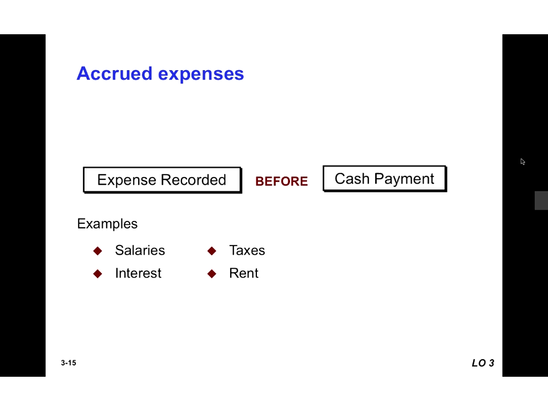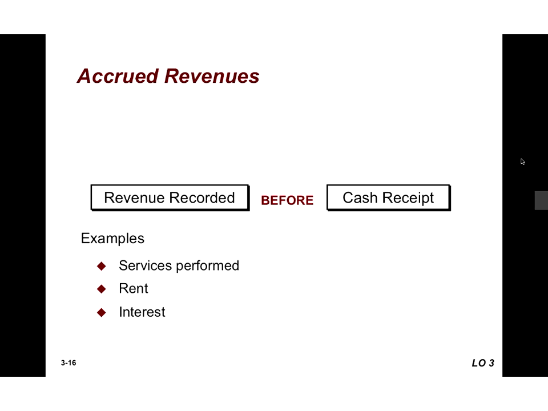Okay. We also have accrued revenues. Accrued revenues, the revenue is recorded before the cash receipt. Examples of this would be services performed, like the doctor's office.